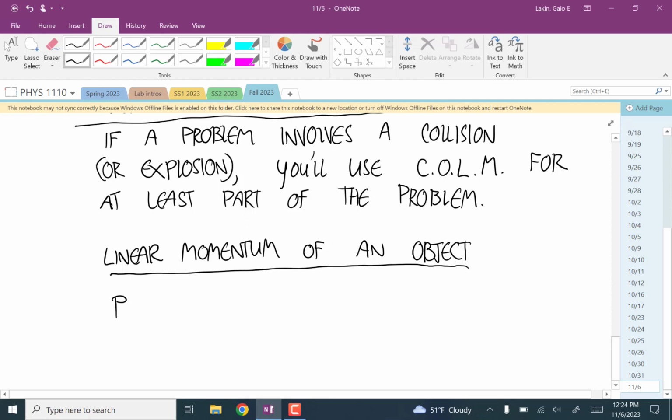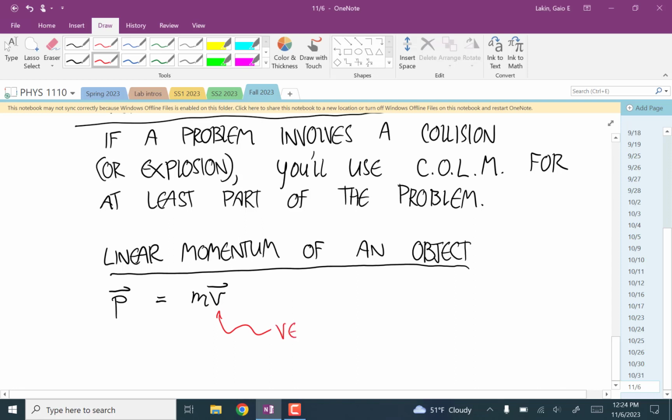People denote it with lowercase p, and it's a vector. I don't know where the p comes from. I think it's actually from Latin or something. People have been using that forever. But the definition of linear momentum is the mass of an object times its velocity vector.